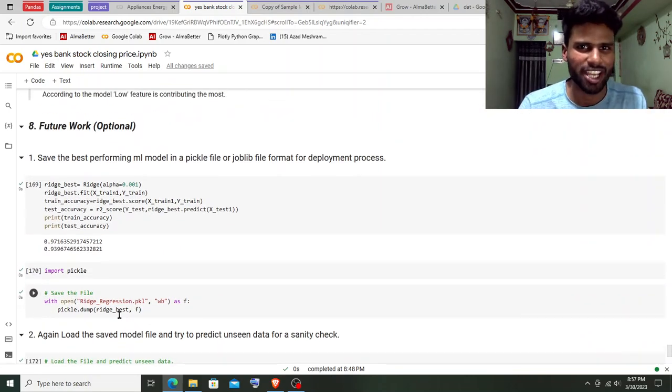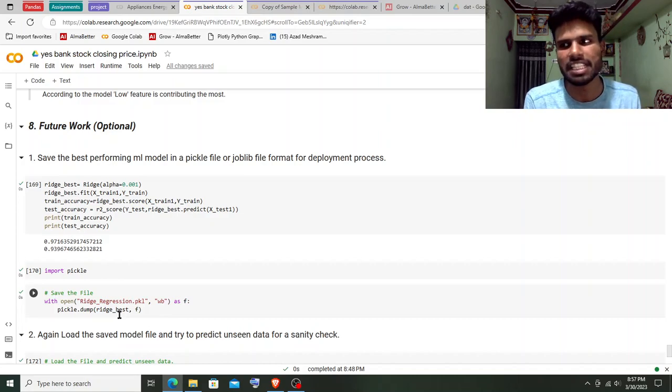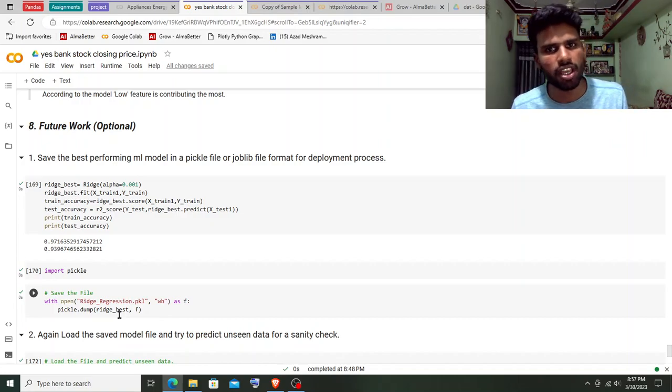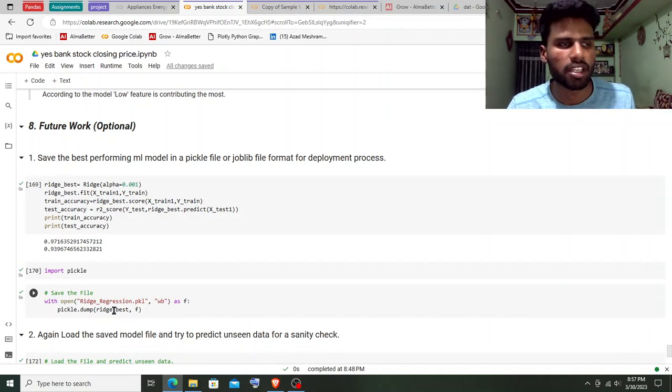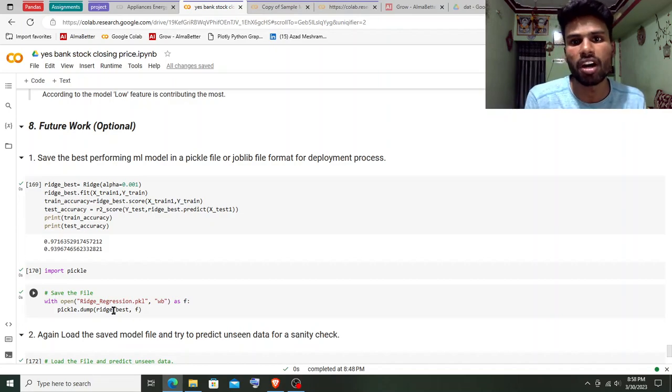And now what I have done, I have saved this linear regression model, more specifically the ridge regularization linear regression model, in a pickle file in order to get that particular file in the future without affecting its tuning, we could say.